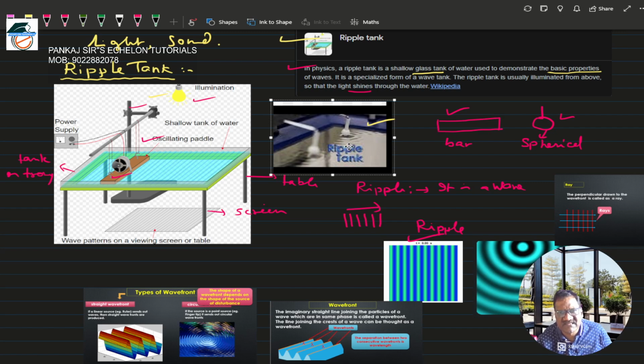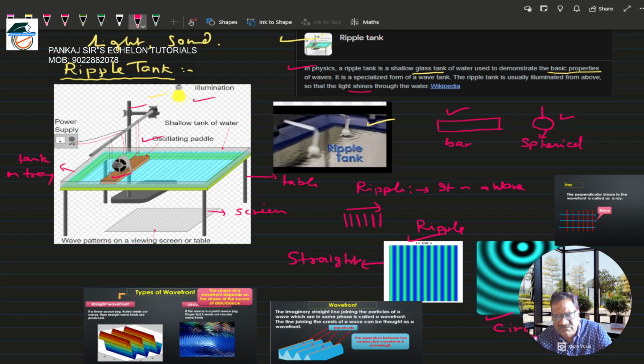Now when this is vibrating up and down, it is creating a different kind of ripple. So that ripple is shown over here. Can you see this? This is that ripple, the second diagram. This is known as a straight ripple, and this is known as a circular ripple.